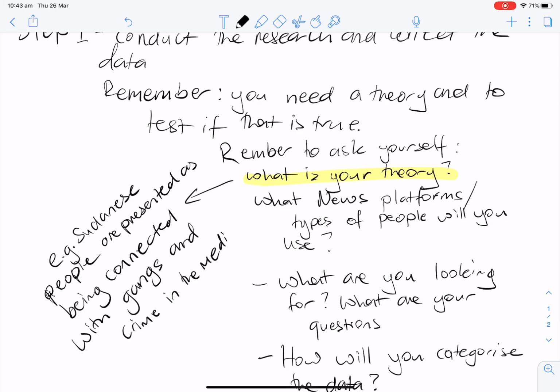So that was the theory that I went through with you in class. That theory can also work if you're going to do a questionnaire or interview.